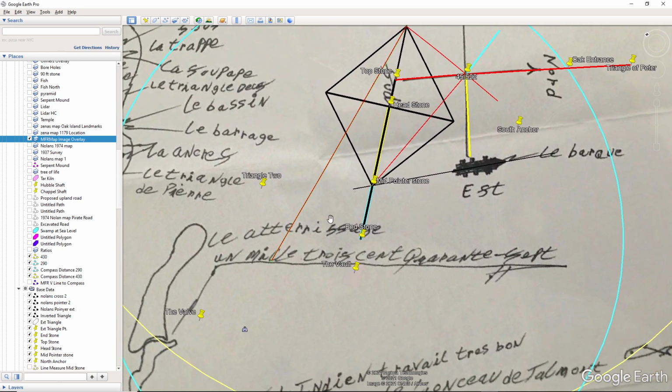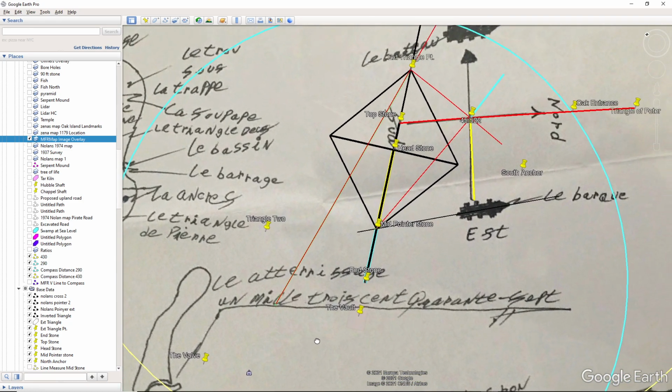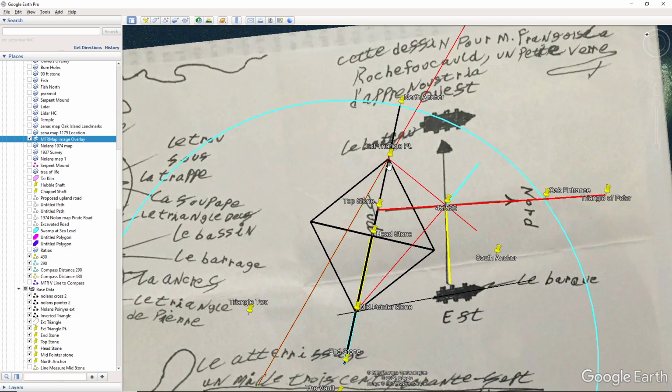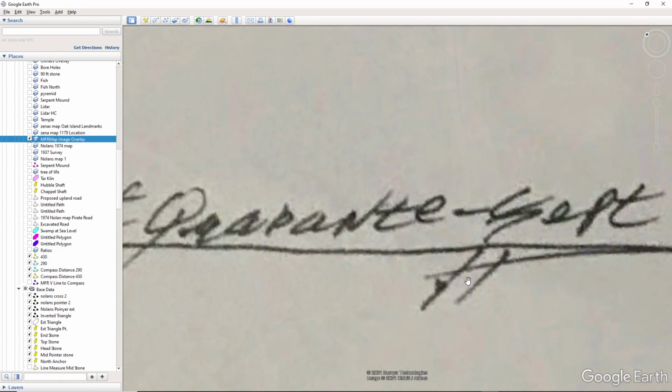Now, remember I told you that this line is basically a register in a way, because see where it's pointing to on this island? Okay, well, look, if you extend, and this is the scale line, this is set from the top of the triangle, which, by the way, we got from this little drawing right here.